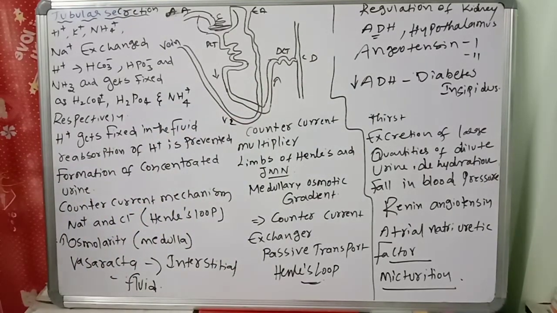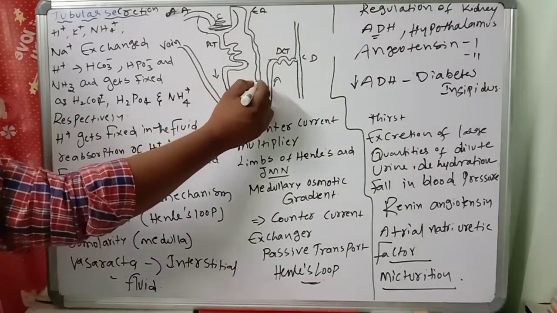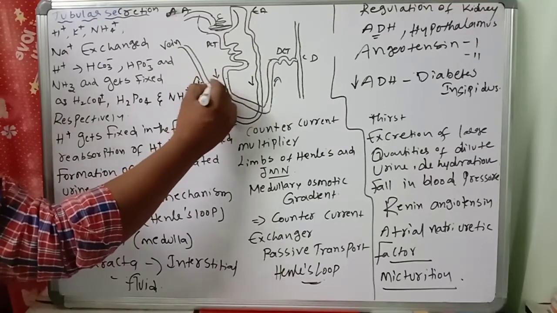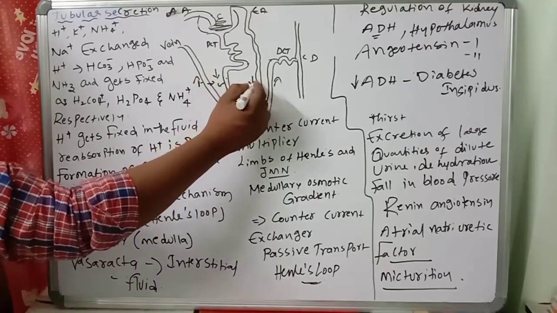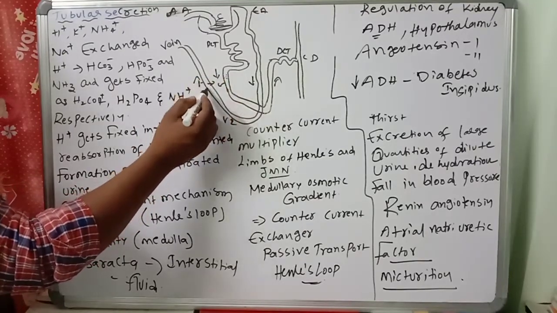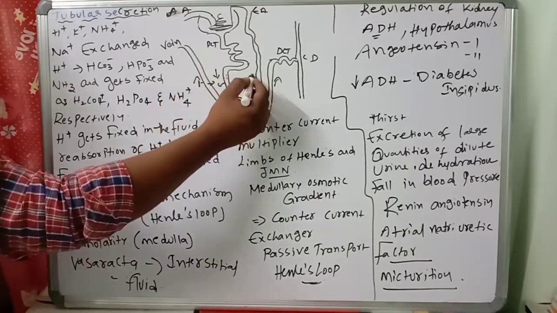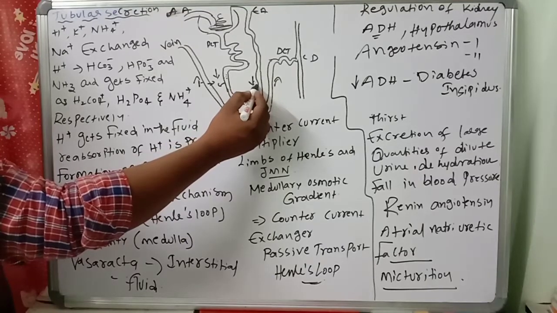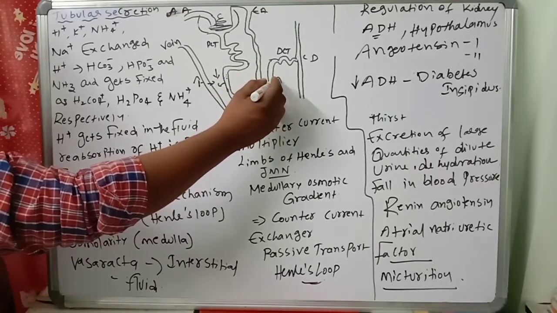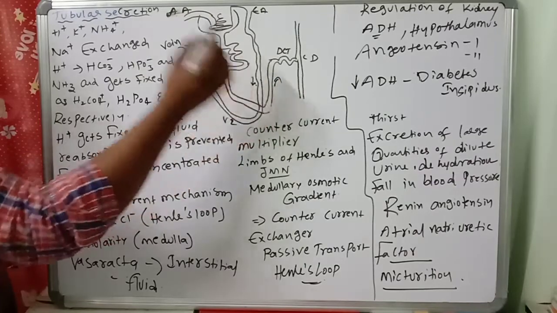Now you see here the vasa recta, here down, here up, here down, here up. In between these two, exchange of materials. Descending limb of Henle's loop with the ascending limb of vasa recta, and ascending loop of Henle's loop with the descending limb of vasa recta.